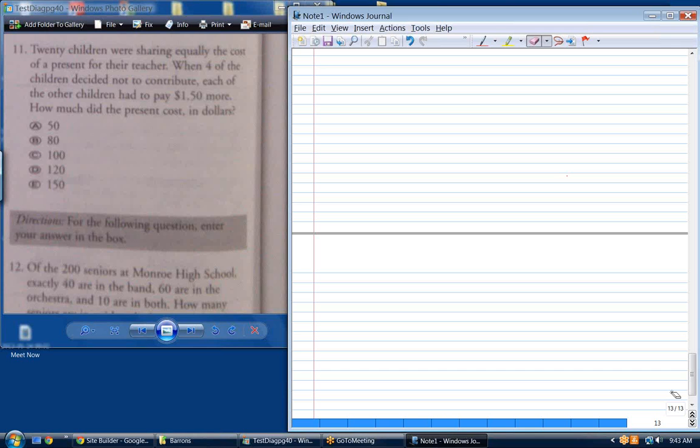Now, this to me is a problem that lends itself to back solving. We haven't really talked too much about back solving, but we ran into a few problems in our last session that had to do with picking numbers and then back solving.